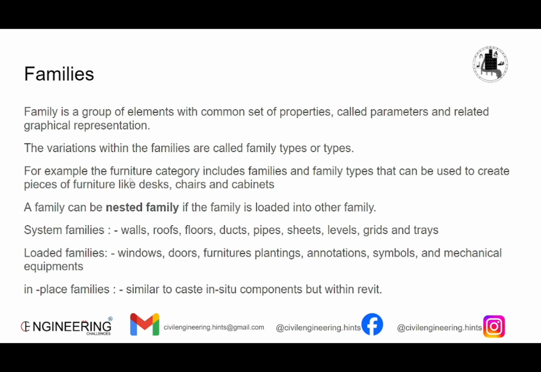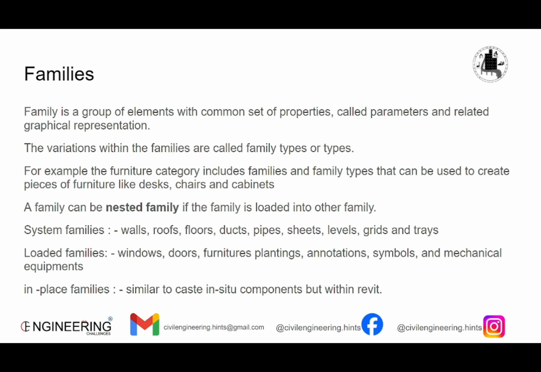Families. A family is a group of elements with a common set of properties called parameters and related graphical representation. The variations within the families are called family types. For example, a furniture category includes families and family types that can be used to create pieces of furniture.